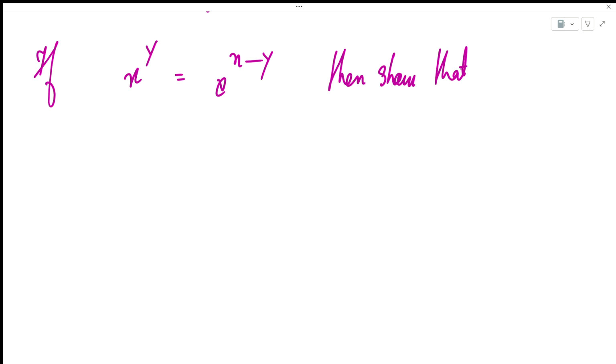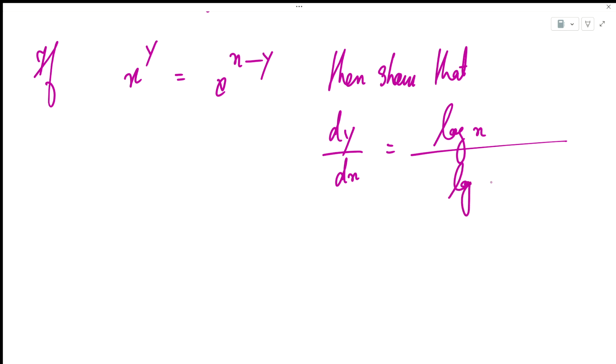Okay, so we have, if x to the power y is equal to e to the power x minus y, then show that dy by dx will be log x divided by log of xe whole square.